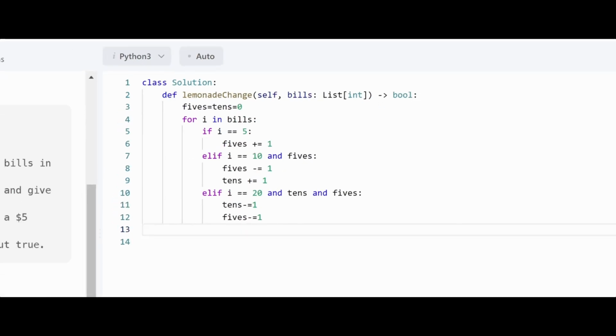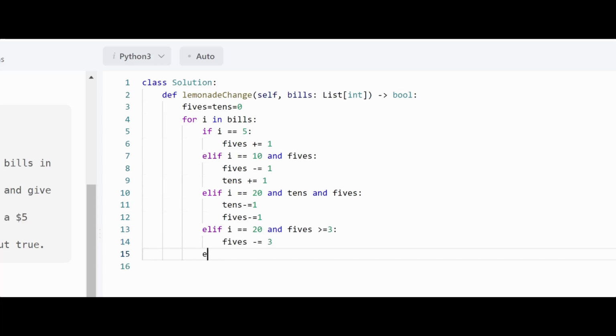If this is not the case, we check if i is equal to 20 and we have three fives with us. If we do, we just reduce the count of fives by 3.